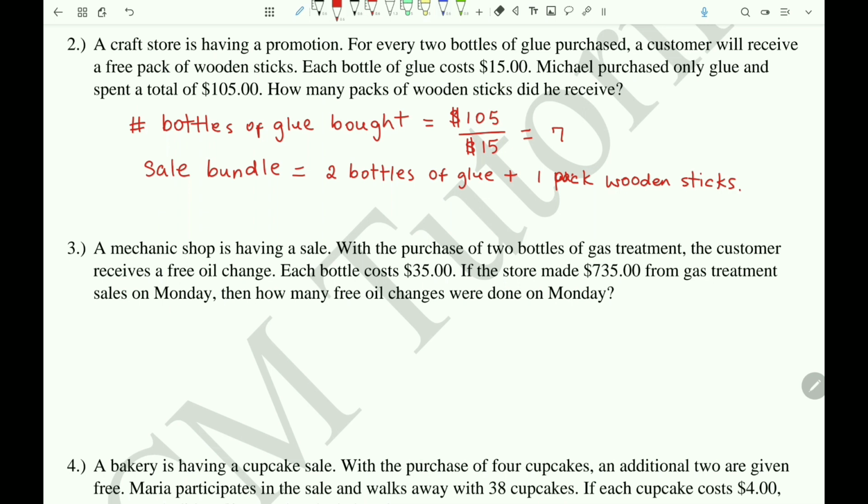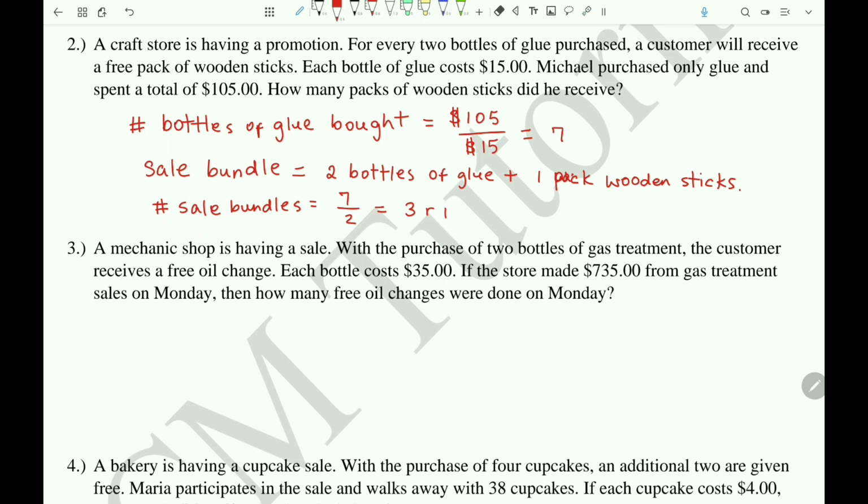So now let's find out how many sale bundles Michael would have received. So the number of sale bundles, what we do is we can actually divide 7 by 2, and that's 3 remainder 1, which means that he actually received 3 full sale bundles, as in 2 bottles of glue plus 1 pack of wooden sticks.